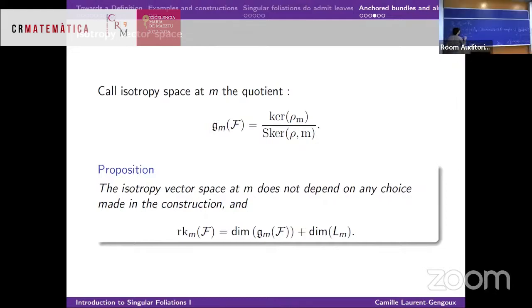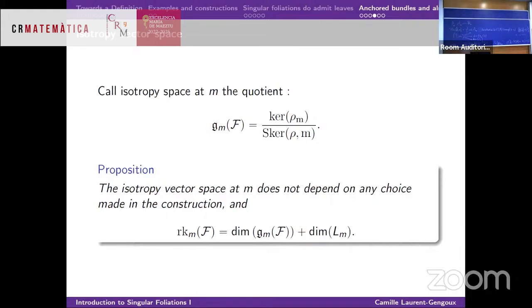I have three integers. One of them is the dimension of the leaf through M. It's a manifold, so it has a dimension. Another is the dimension of this isotropy vector space, G_M of F. And there is one that comes from the fact that F is locally finitely generated, which means I can make sense of the rank of F as a module over the smooth functions on M, as the minimal number of these local generators.